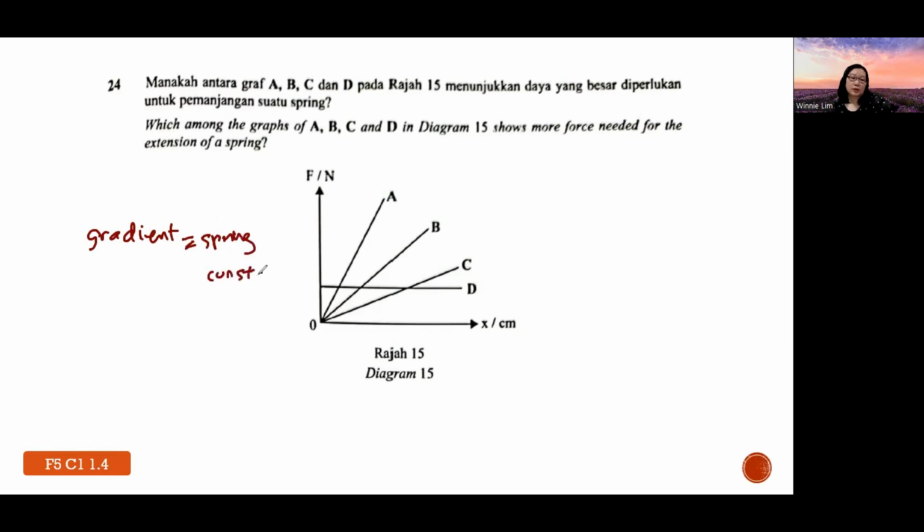So this spring constant k, when it is higher, that means it is harder to pull. You need more force. So among these, we want to find the greatest gradient, the steeper one. So A, B, C, D, which graph is steeper? A. So that's why the answer is A.